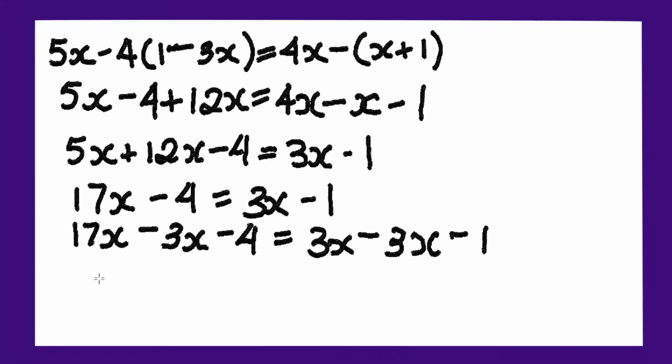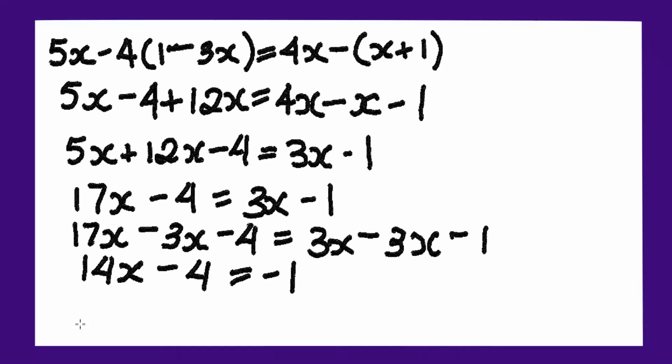So we're going to simplify this now. 17x minus 3x leaves us with 14x minus 4 is equal to 3x minus 3x is 0x. So we just have negative 1 left on this side.